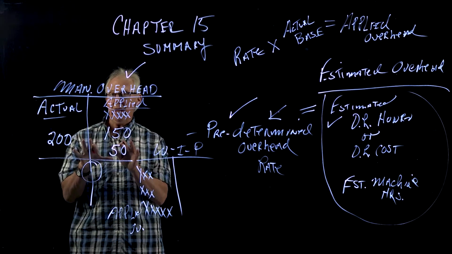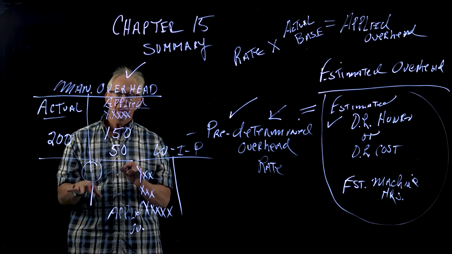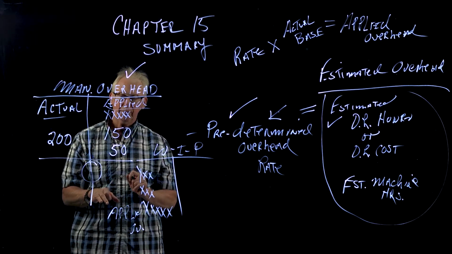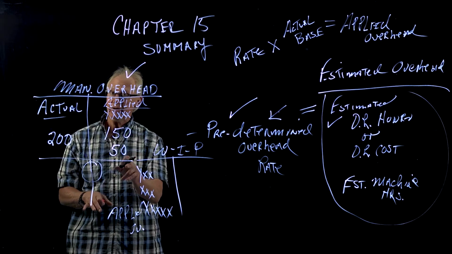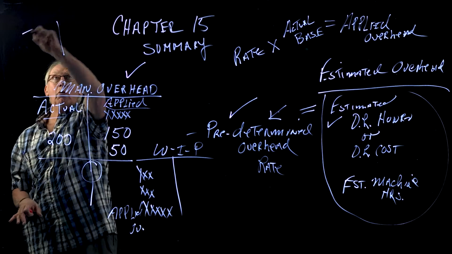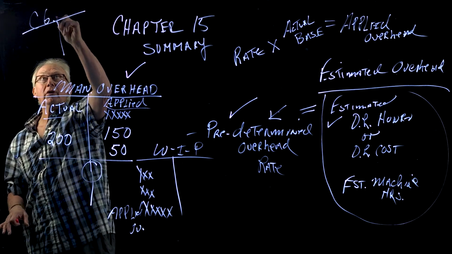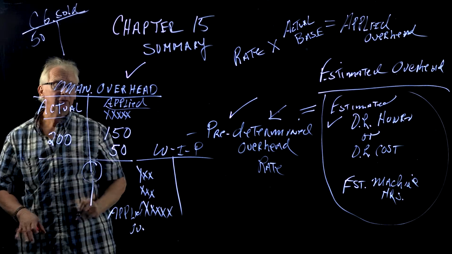That's a temporary account that just keeps track of all the actual overhead costs and all the applied overhead costs. Well, when we credit something, we have to debit something. So what are we going to debit? We're going to debit an account called cost of goods sold for $50.